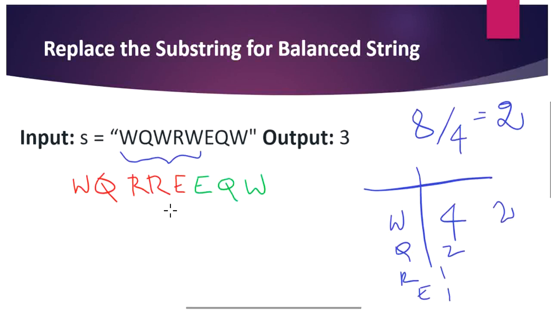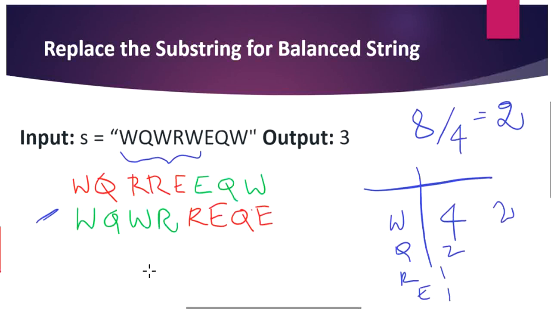Next we try replacing another substring. In our second output we have replaced the last 4 characters of the given string, and now the string is again balanced with all characters appearing twice.